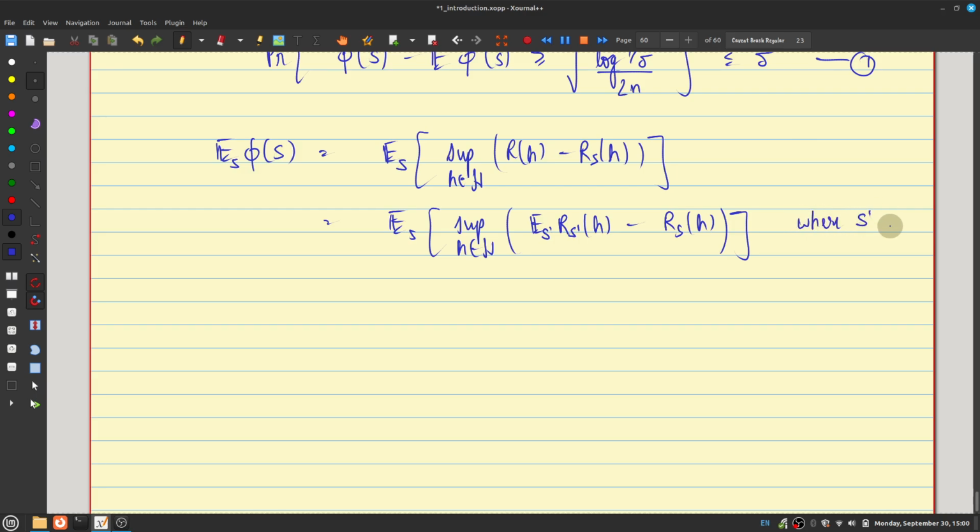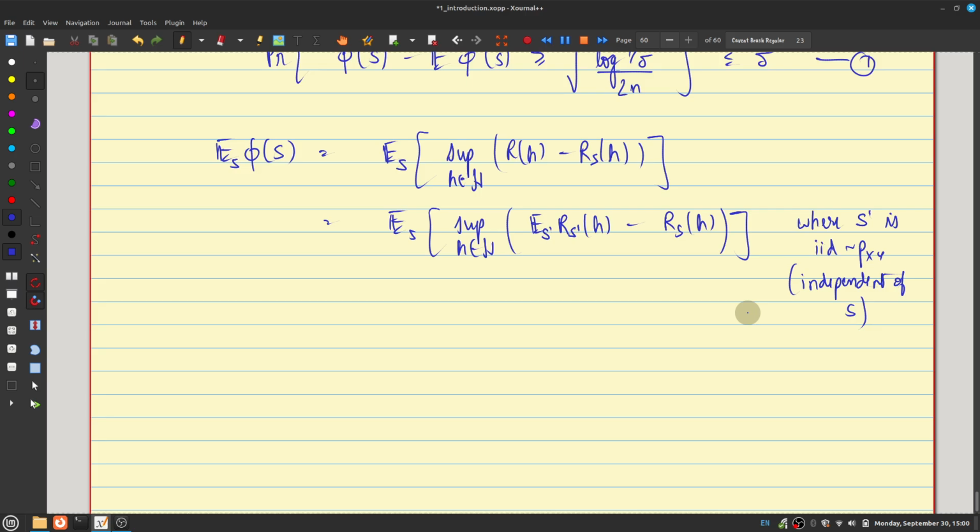Where S prime is independent and identically distributed according to Pxy and is also independent of S. So it's a fresh training set.